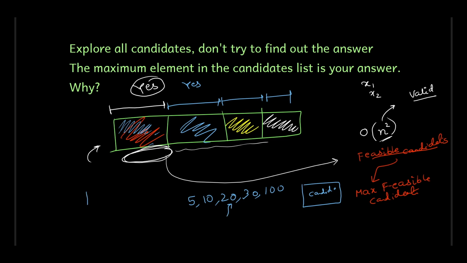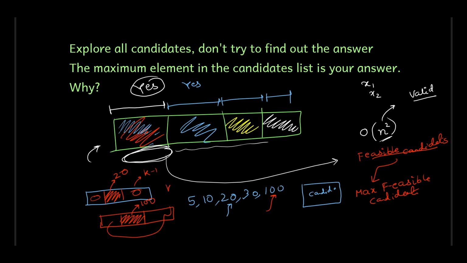It means that there is at least one configuration in the world where some subarray gets its own block with a sum as 20 and other elements combined together to form k minus 1 blocks that is needed. But what does this 100 mean? This means that I know that there is another configuration in the world where one subarray gets its own block with sum as 100 and the other elements combined together to create k minus 1 blocks.